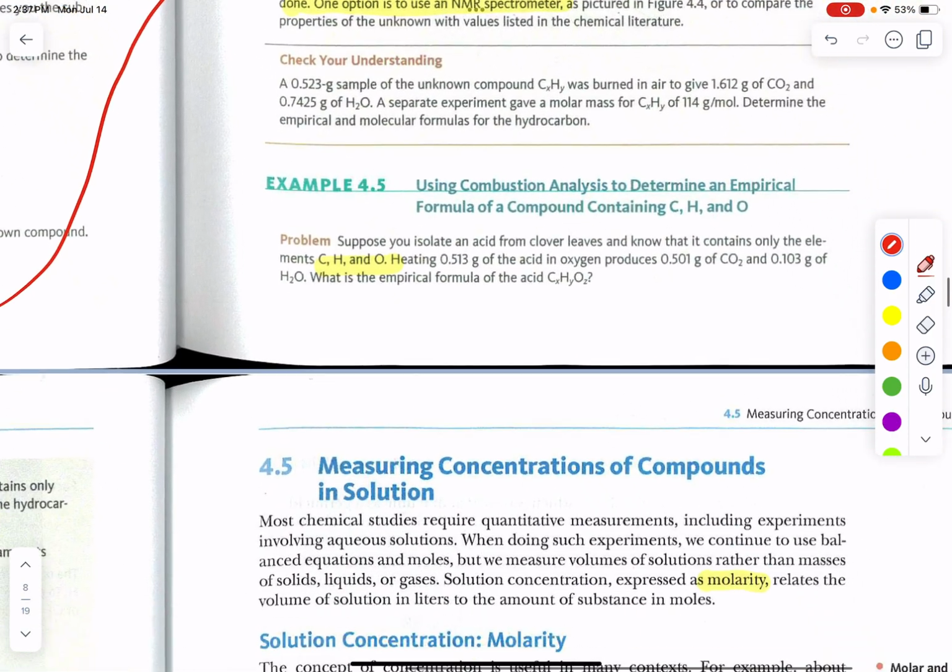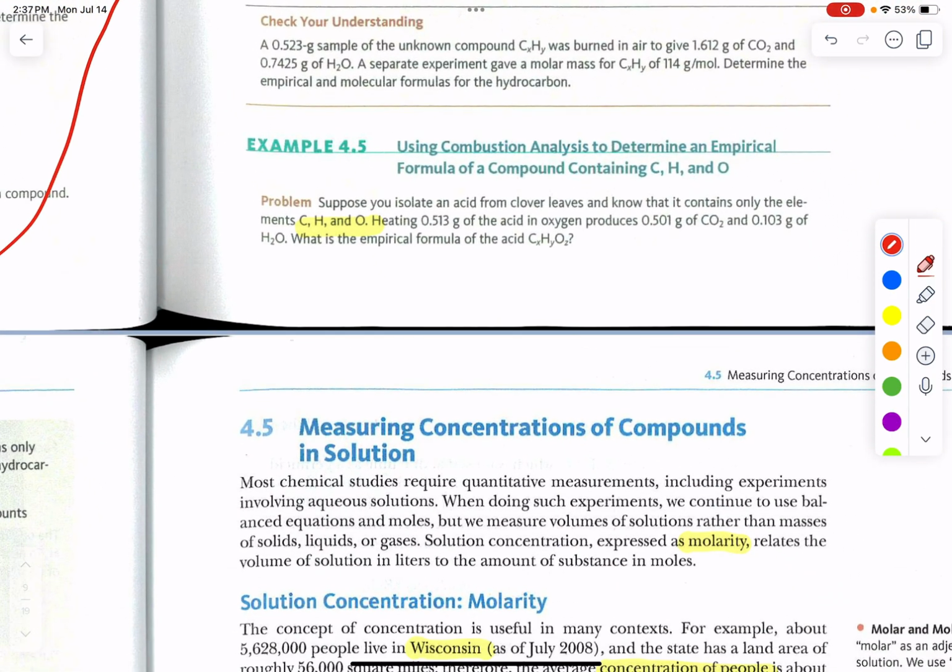All right, let's look at example 4.5. This is going to follow the same process with a little bit of additional work to be done, because now our unknown substance also has oxygen in it as well. So my formula is CxHyOz. We don't know what any of those subscripts are.